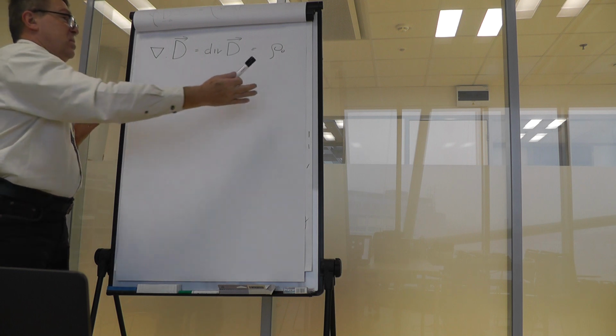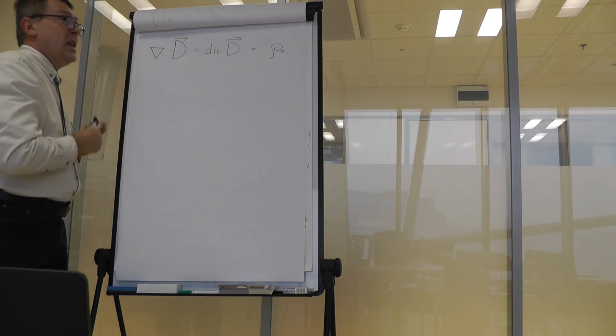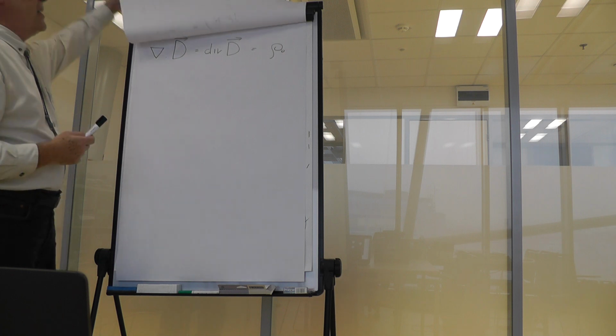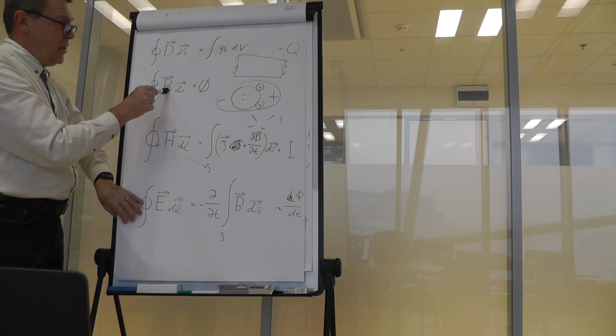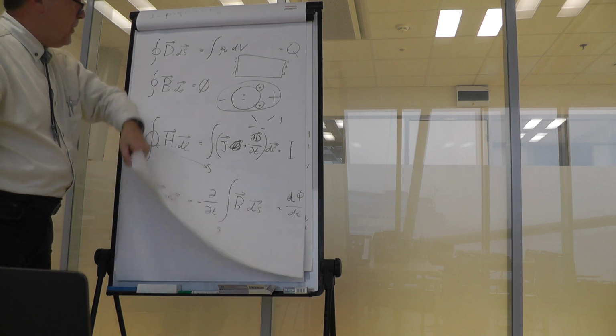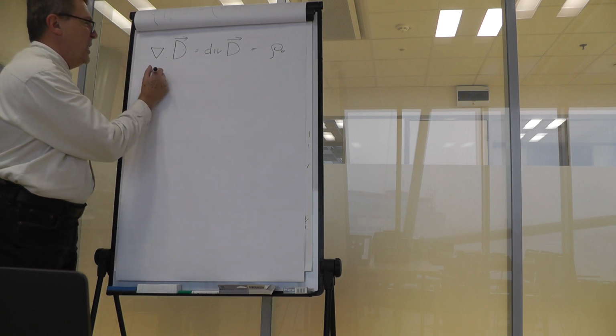Now, this was the first equation in dot form. Which was the second here? We had an equation on magnetic flux density. It is very simple, but anyway, I will put it down.